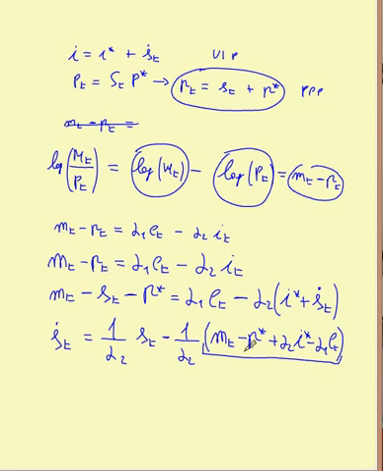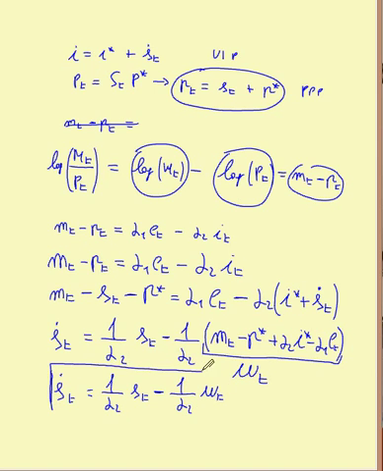So we can call this part omega t, and our differential equation that we need to solve becomes s dot t equal to 1 over alpha 2 st minus 1 over alpha 2 omega t. Solving this differential equation, we understand the dynamics of the exchange rate.